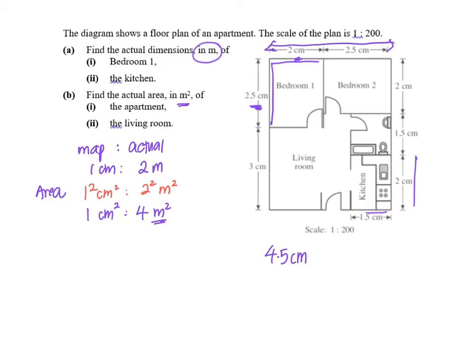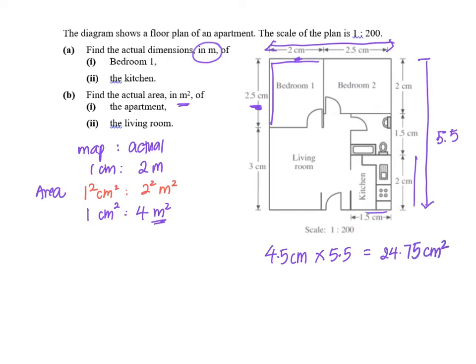Now the length, that one is this side here. 2 plus 1.5 plus 2, 1, 2, 3, 4, 5, 5.5 cm. Right, so the area is 4.5 times 5.5. What do you get? Okay, 24.75. The unit is cm square, right?